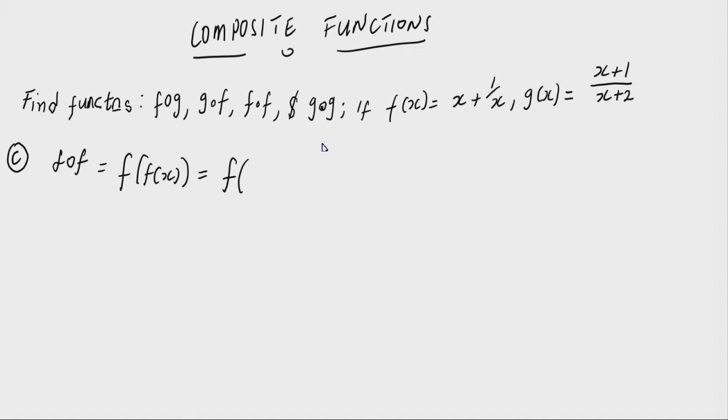F of x is this here, so we're going to go ahead and put it in. This is kind of where it gets a bit confusing. This is our new x, and now we have to output it as this function here. If you just know that this is x, and you do onto this x what you did to it here, then it becomes easy.